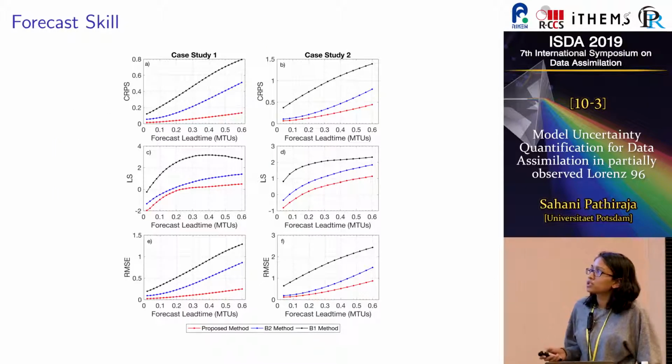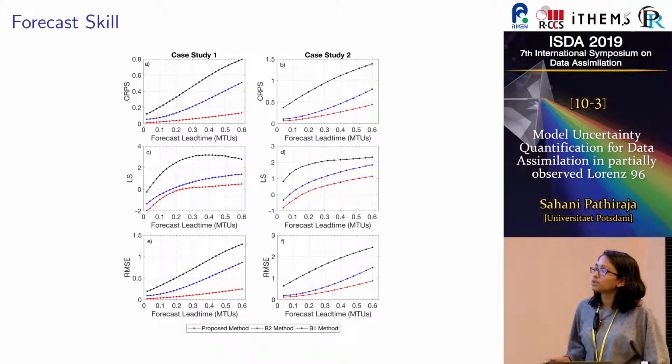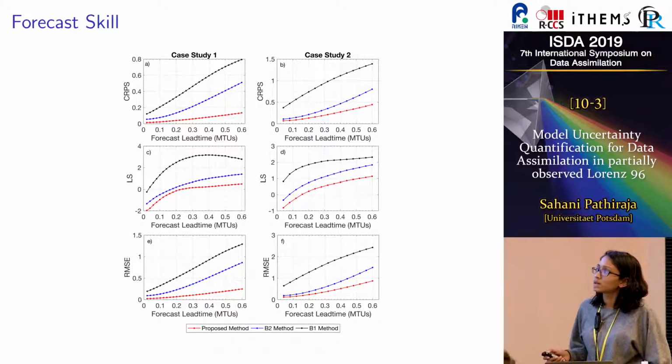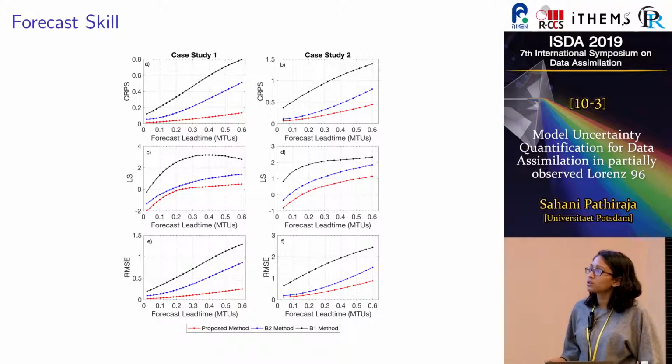And the main point I wanted to stress here is that you really get an improvement in forecasts even at longer lead times by properly accounting for model uncertainty. So here we just looked at 3 different forecast scores, so the CRPS and the log score, both of which measure reliability and resolution, and also the RMSE. So across a range of different forecast metrics, you really see an improvement.